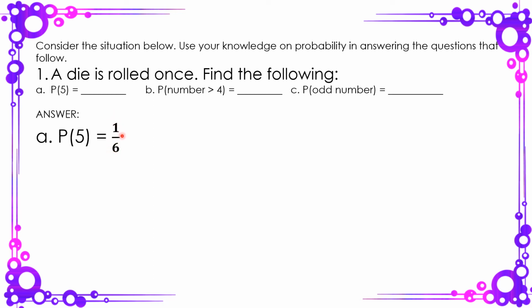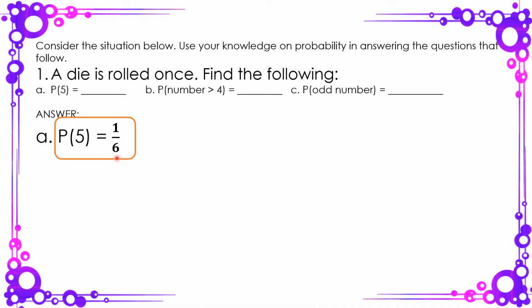When we roll a die, 5 may appear once, and it is over 6 because we have 6 possible outcomes. Same with the probability that we may get number 2 when we roll a die, 1 over 6. Probability that we may get 3 is also 1 over 6.